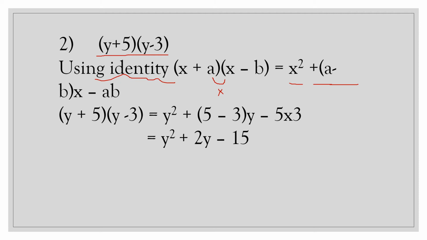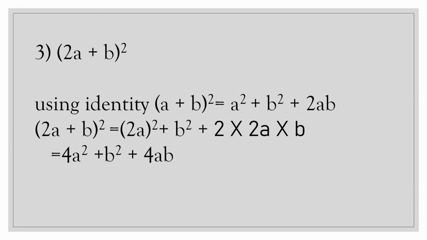So, (y + 5) into (y - 3) is equal to y square plus in bracket (5 - 3) times y minus 5 into 3, which is equal to y square plus 2y minus 15. Isn't it easy, students, to do?